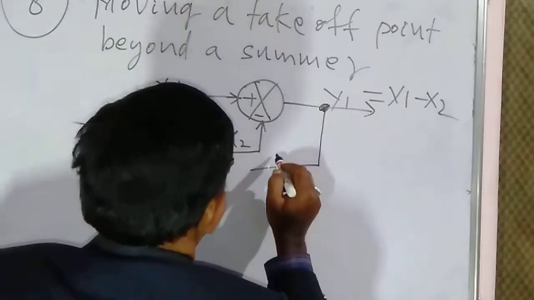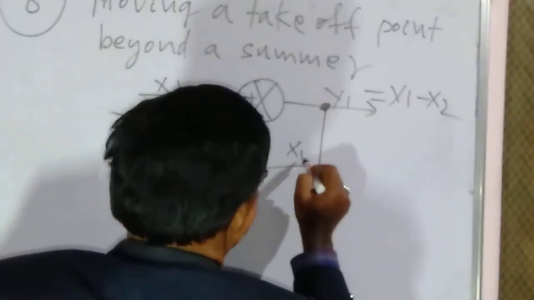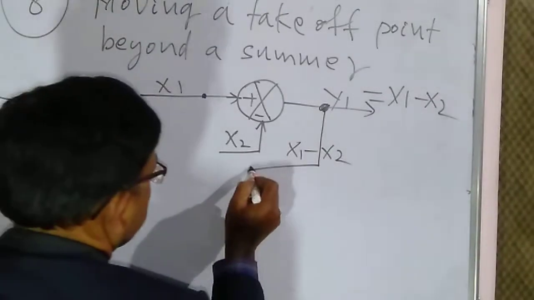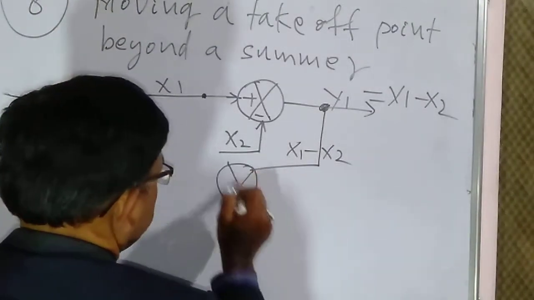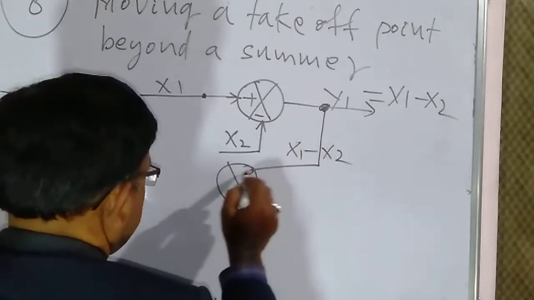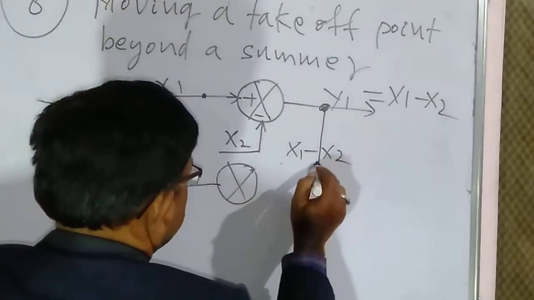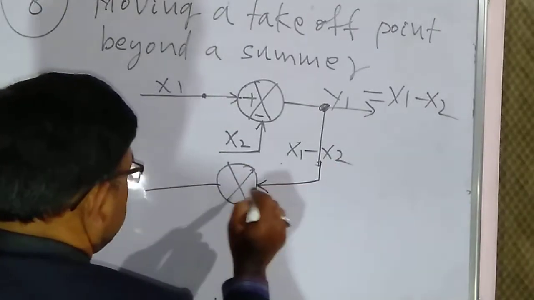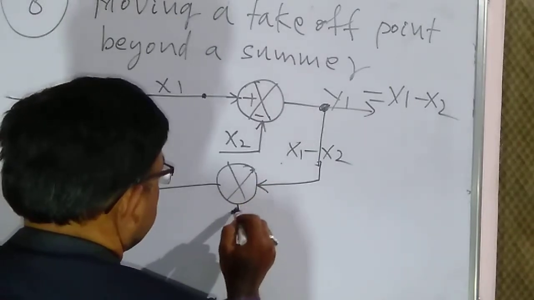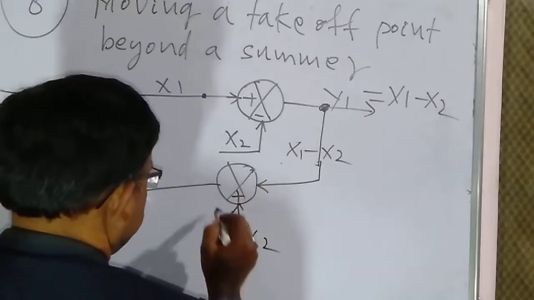This will be x1. So here the signal is x1 minus x2. Therefore we have to get the same x1 signal at this takeoff point. So another signal will be put here, that is x2 positive.